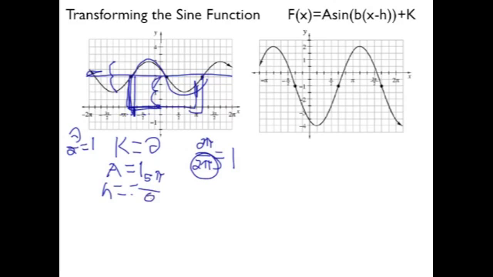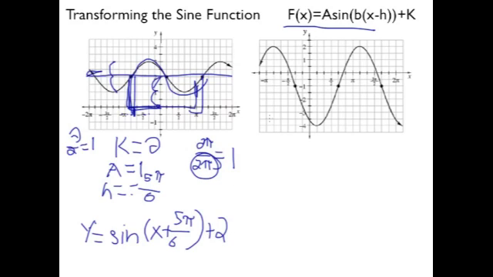So let's form the equation. Looking back here, we said a is 1, so we don't need to write anything. So y equals sine x plus 5 pi over 6, and then plus 2 because it was moved up.